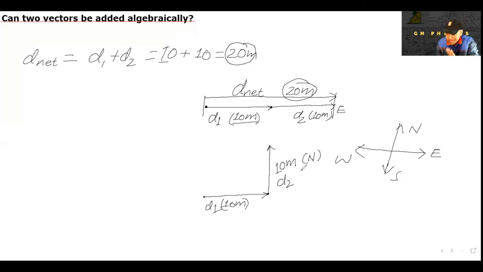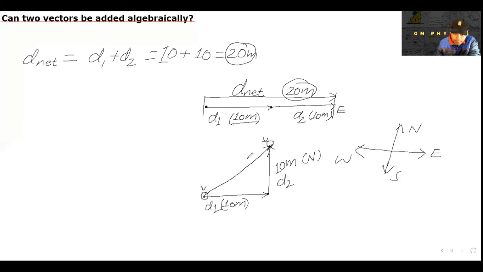It is not along east like the previous one. Now if we find the net displacement, this is his starting point and this is his ending point. So now his net displacement is this much. We need to measure this length to find the magnitude of the net displacement.